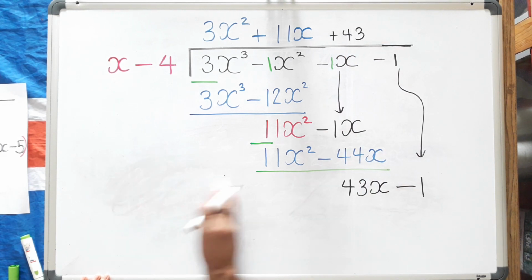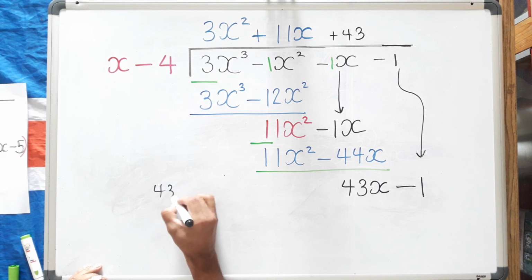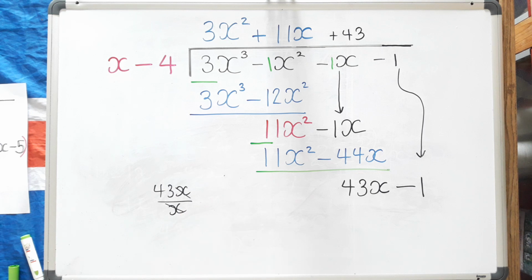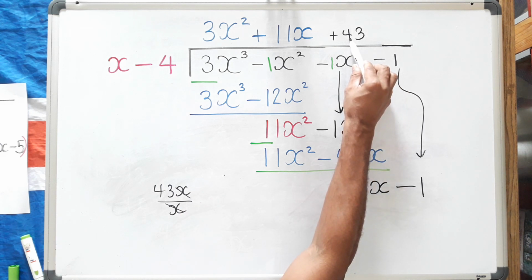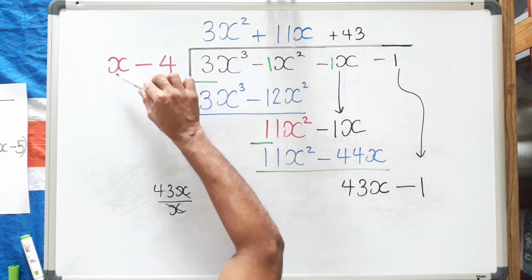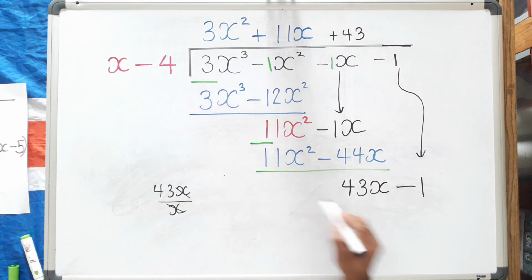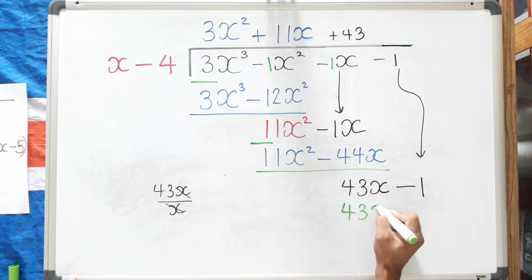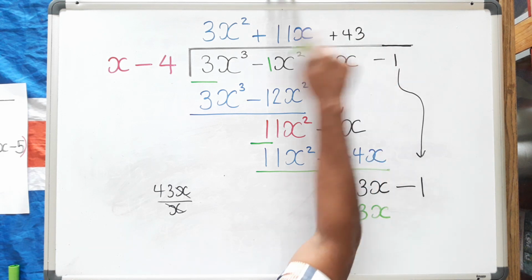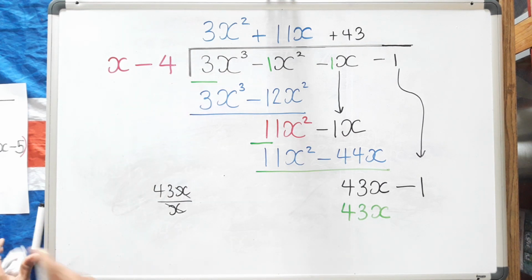Just in case you don't believe me, 43x divided by x, the x and the x will cancel out to give you 43. Take the 43 now, the answer we just got, and multiply by x. 43 by x is 43x, and 43 by minus 4, I need my calculator for that one.